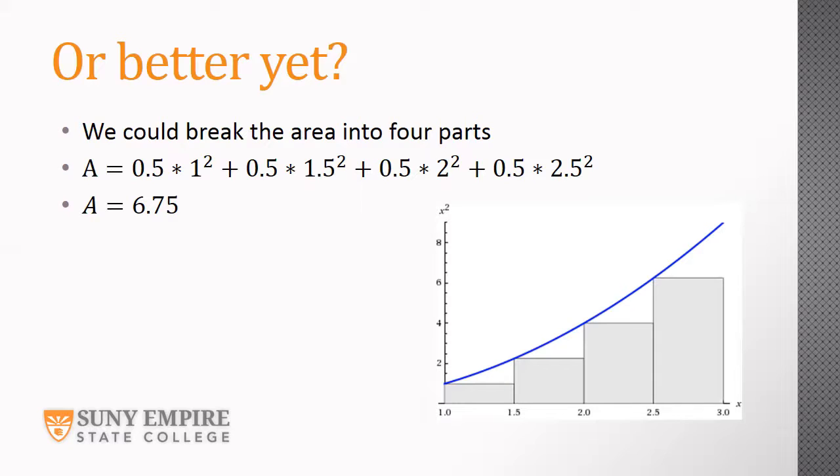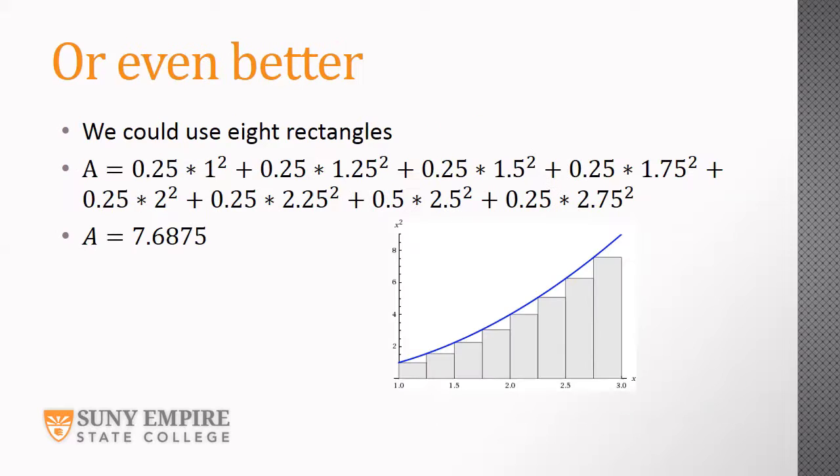What if we split the region into 4 pieces? The width of each rectangle is 1/2. The heights of each rectangle are the function value at the left endpoint, or 1 squared, 1.5 squared, 2 squared, and 2.5 squared. Calculating, we find an approximate area of 6.75. Again, we seem to be missing less area from under the curve.